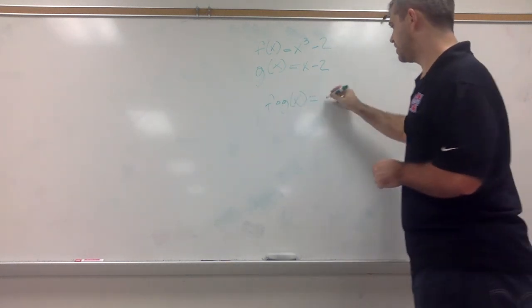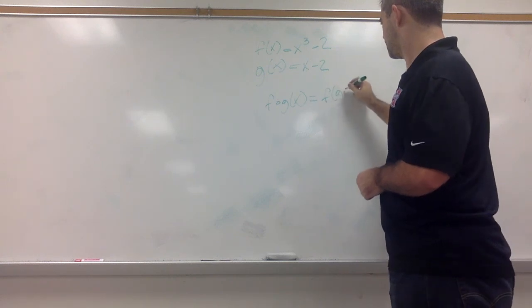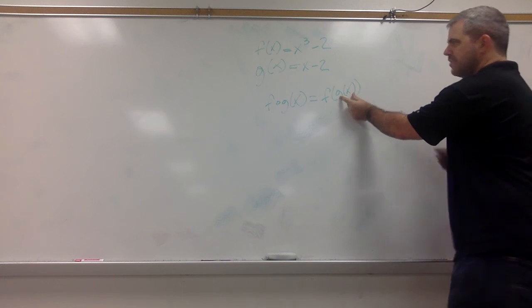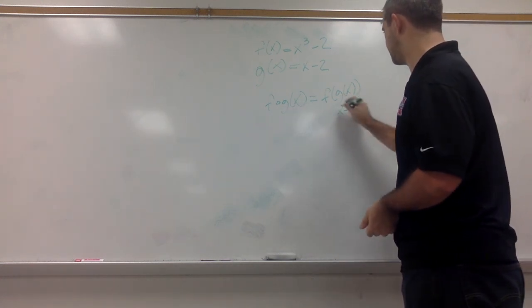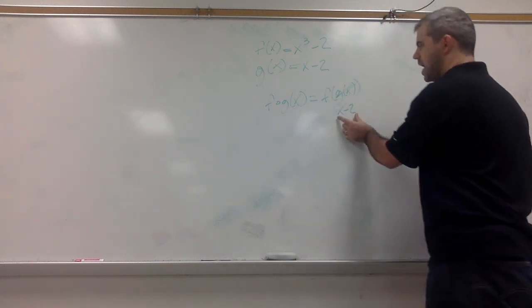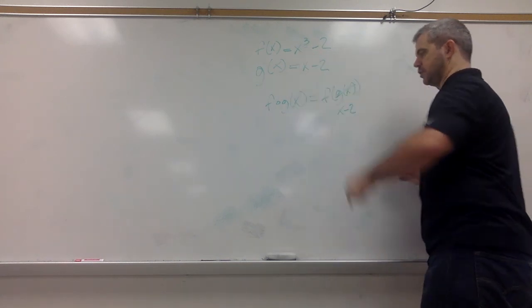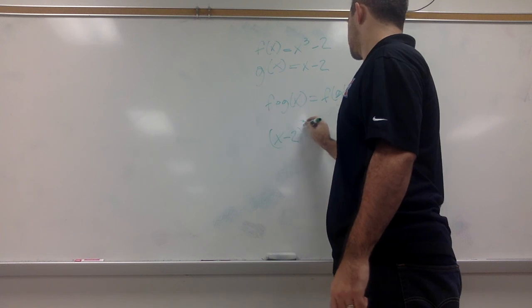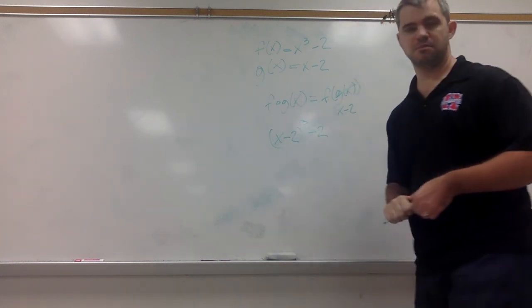Now remember, that is this. Our g of x is x minus 2, and then we're going to shove that into the f function. So we're going to do (x minus 2) cubed minus 2.